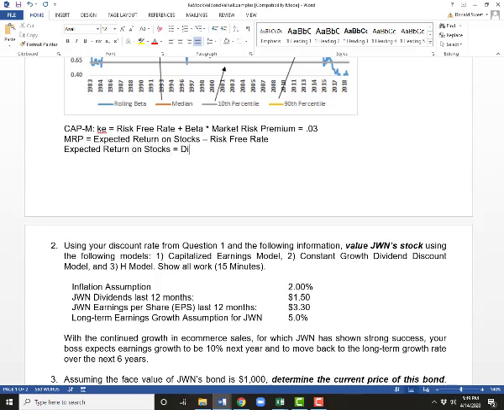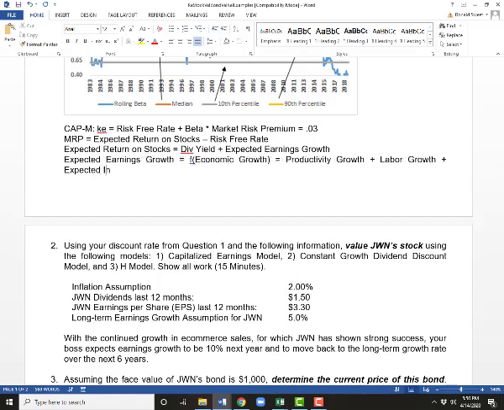We're using the approach that does the dividend yield plus expected earnings growth, and we know expected earnings growth right off of exam 1 is going to be a function of economic growth, which equals, if you remember, productivity growth. So don't forget everything you learned on exam 1, plus labor growth plus expected inflation. They're all expected.